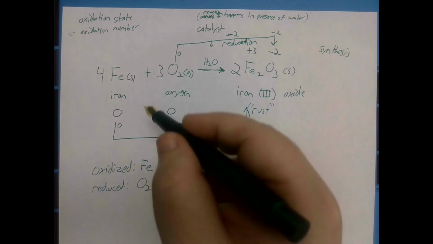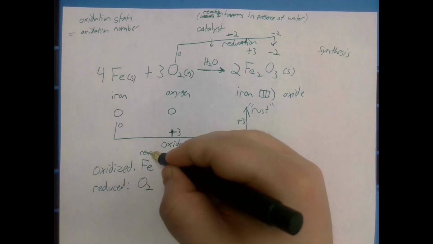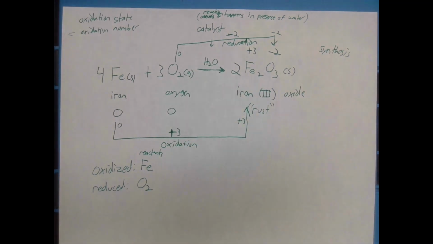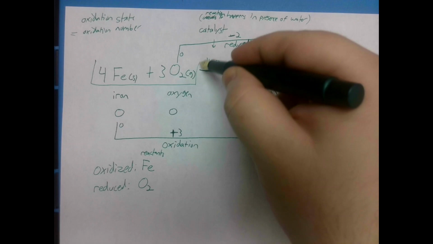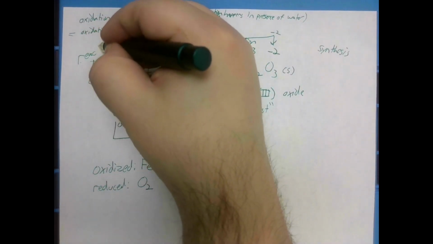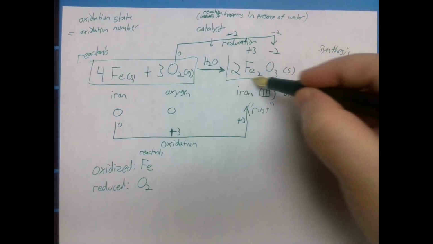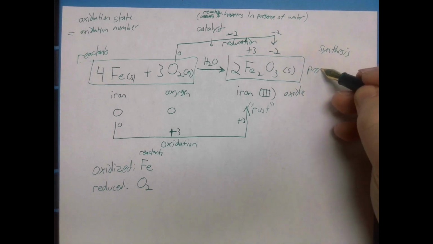In this case, we're looking at the reactants. I'm writing it in form of reactants. Again, this side of the arrow is reactants, and this side of the arrow are products.